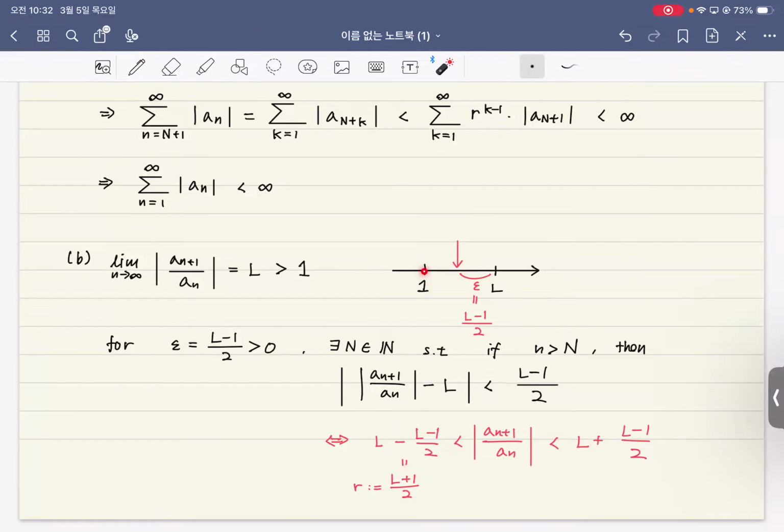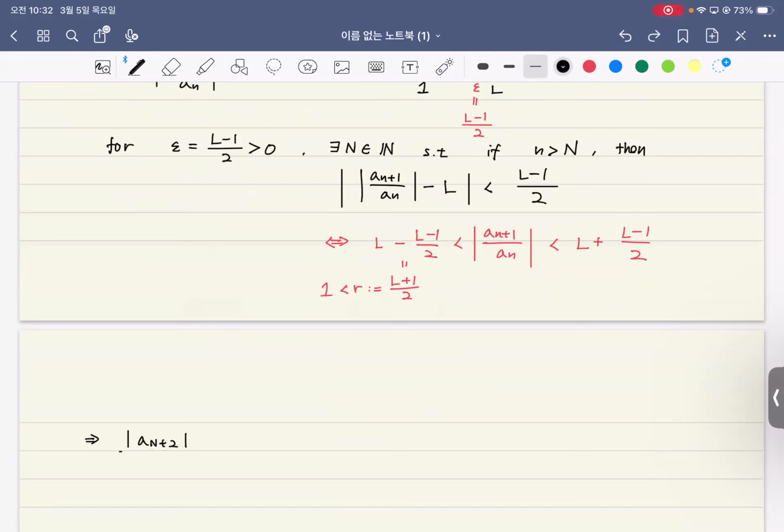All right, so a n plus 2 over a n plus 1 is greater than R, in other words, we have this inequality.